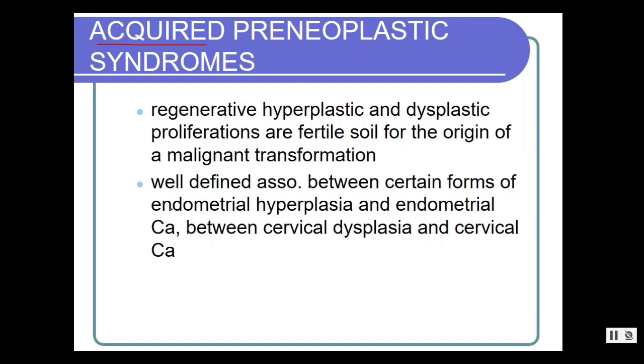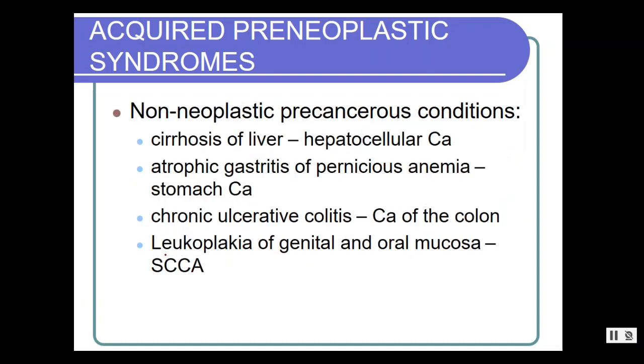For example, endometrial hyperplasia. Hyperplasia is an increase in the number of cells, and endometrial cancer is related. So endometrial hyperplasia may be a predisposing condition for endometrial carcinoma. Cervical dysplasia can lead to cervical cancer.